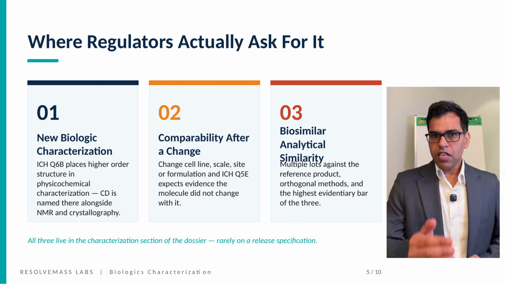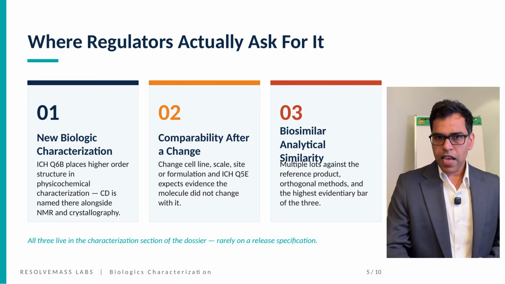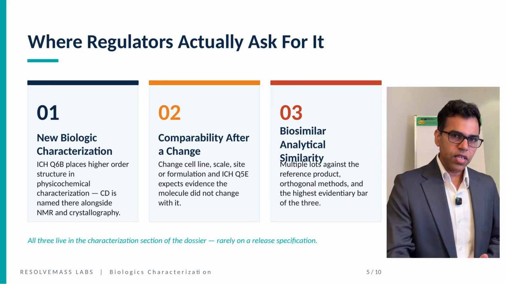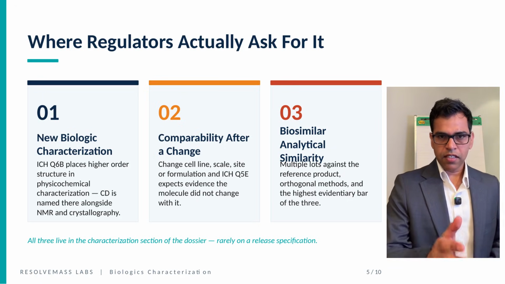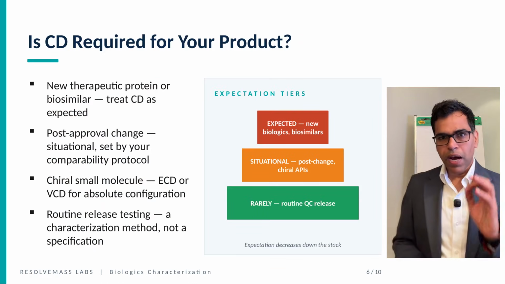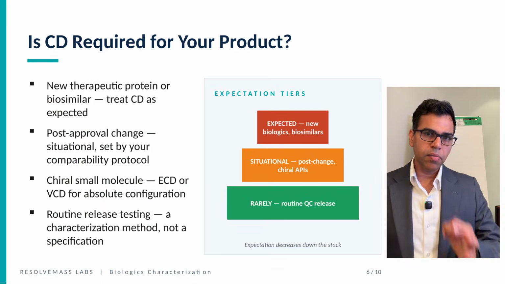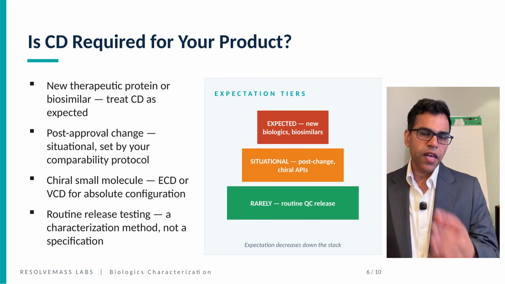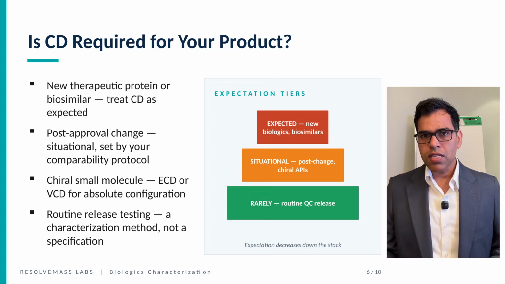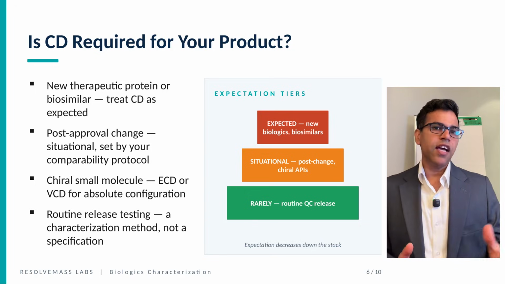Comparability. Change your cell line, scale, site, or formulation, and Q5E expects evidence the molecule didn't change with it. 3. Biosimilar analytical similarity, where you compare against a reference product across multiple lots, and the bar is highest.